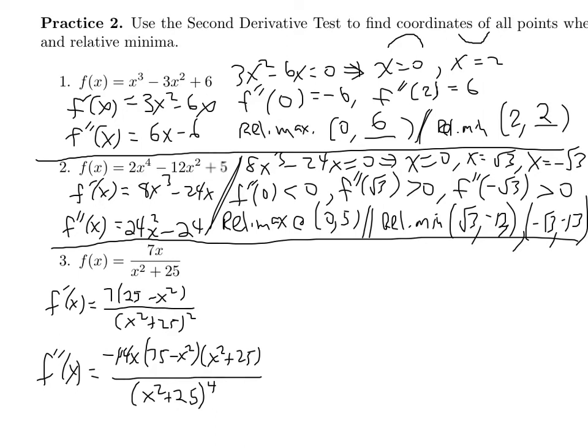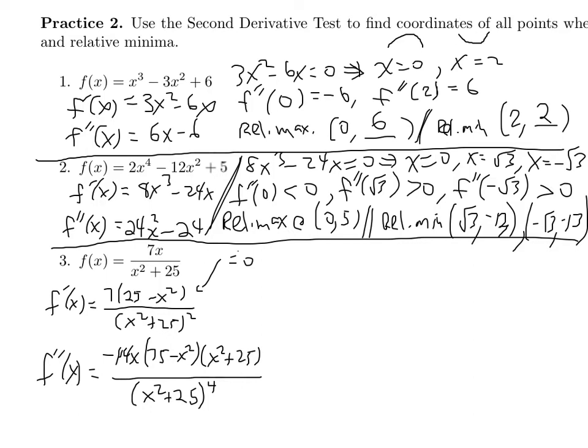Okay, and then the last one, we are first finding where the derivative equals 0. In the third problem, we had pretty complicated first and second derivatives, but it's pretty easy to, again, remember that finding out where something is equal to 0, if it's written in a fraction form, is really just finding out where the numerator is 0.